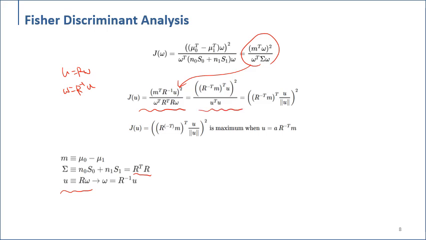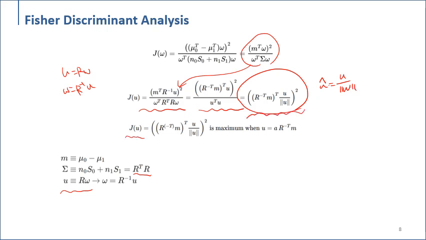And finally, our objective function is nothing but R inverse transpose m transpose u. Let's say here u hat is equal to the unit vector of u. So this one is our objective function.